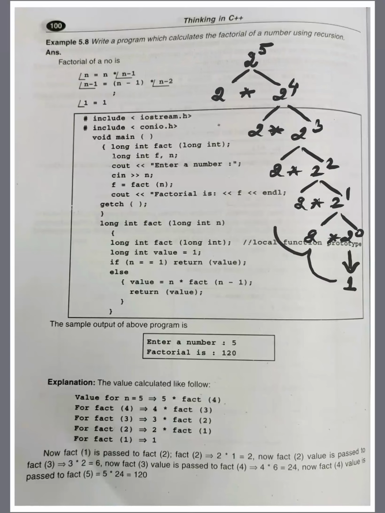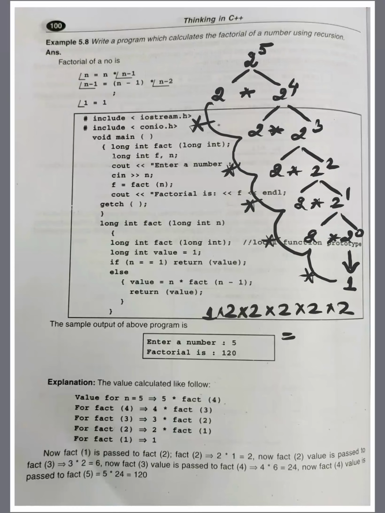Now, you multiply all of these, and you'll get 1 into 2 into 2 into 2 into 2 into 2. And this will give you 32. So 2 to the power of 5 is equal to 32.